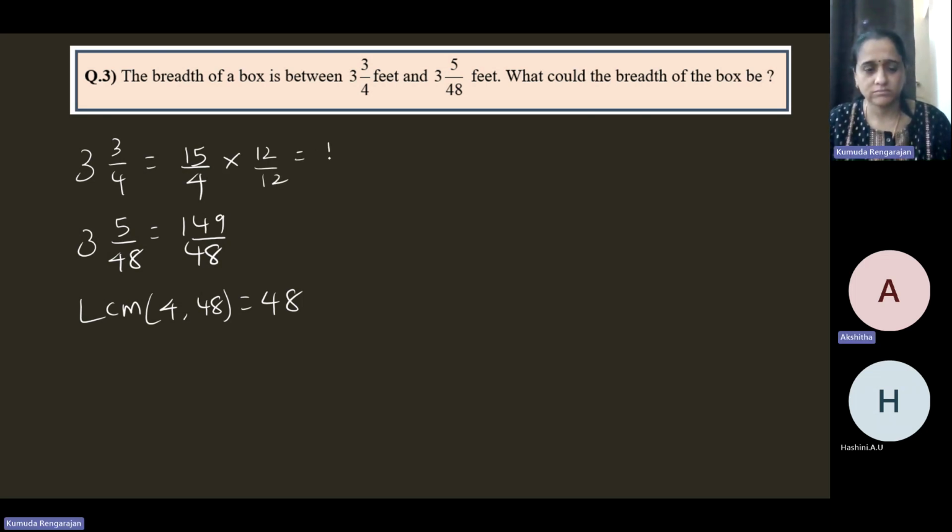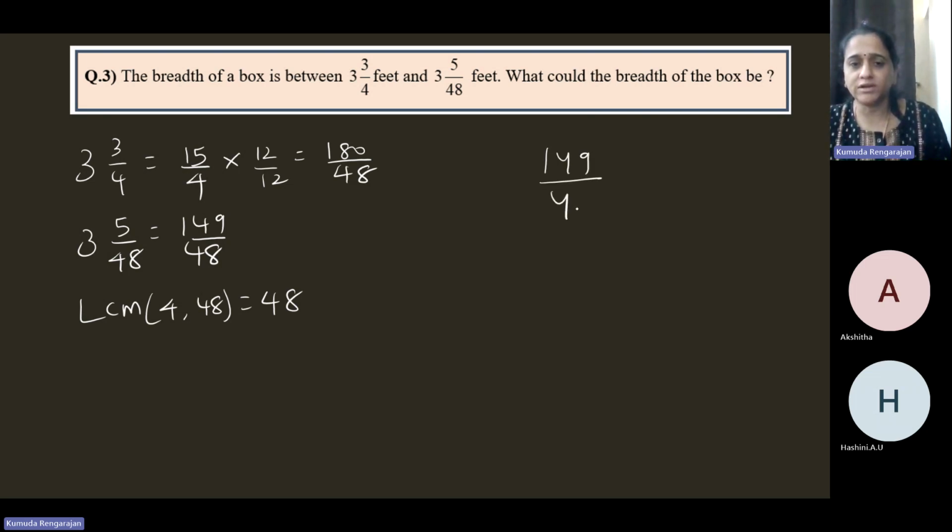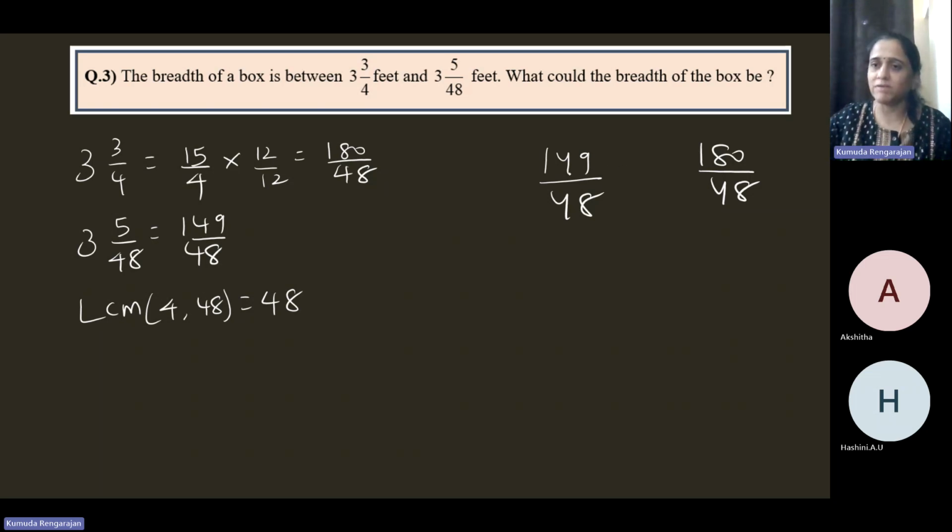Ma'am, 180 by 48. So now see the space in the numerator. We have 149 by 48 and 180 by 48. So the breadth can be 150 by 48, 151 by 48, 152 by 48, 153 by 48. It's not one answer. You can get an answer, your friend can get a different answer.